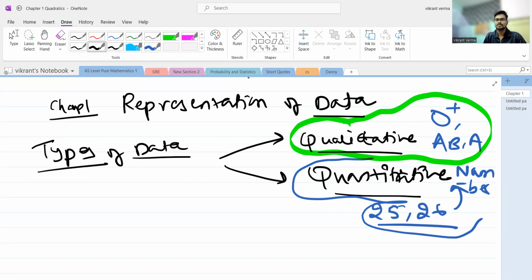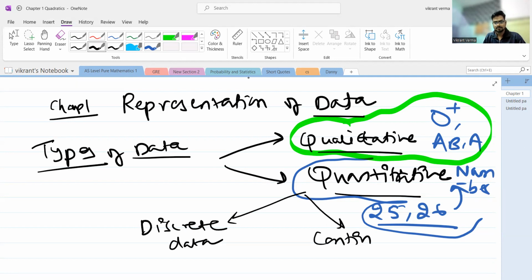Now, quantitative data can again be of two types. The first one is discrete data, and the second one is continuous data.